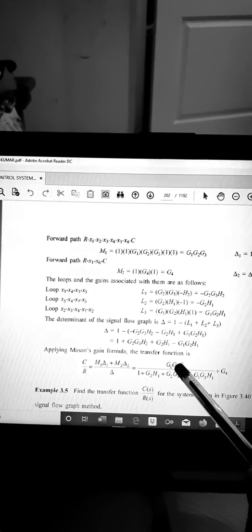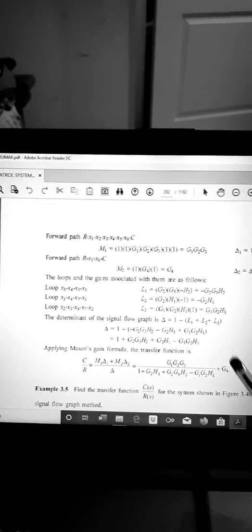M2 into delta 2 is same as delta, so you will get M1 delta 1 by delta plus M2 delta by delta. Delta will cancel. So here you will get M1, delta 1 is 1, divided by delta, plus M2. M2 delta by delta cancel, so you are getting G4. So this is your answer.